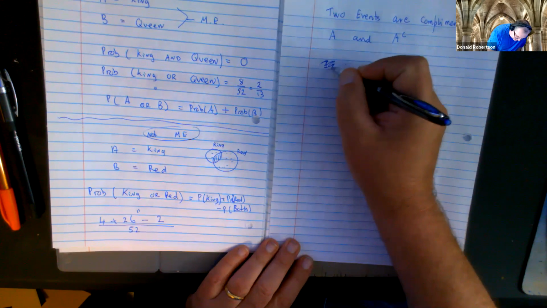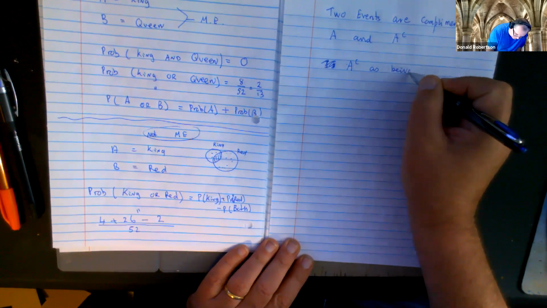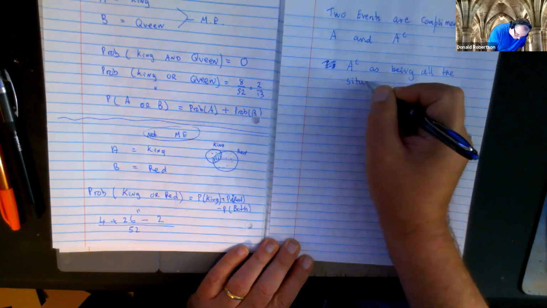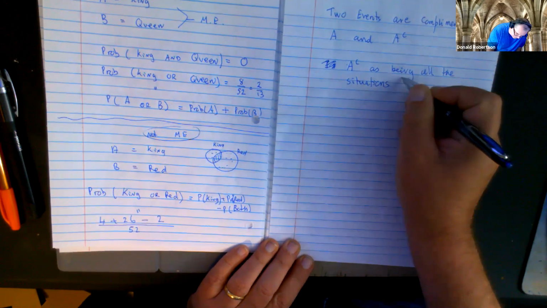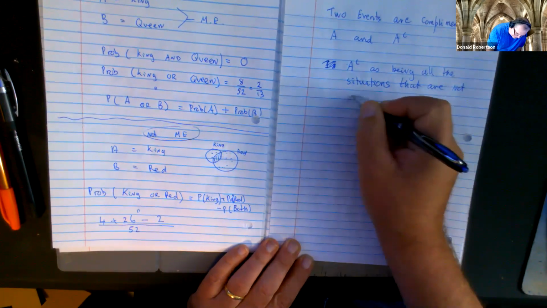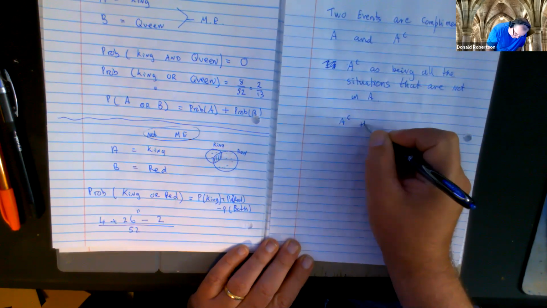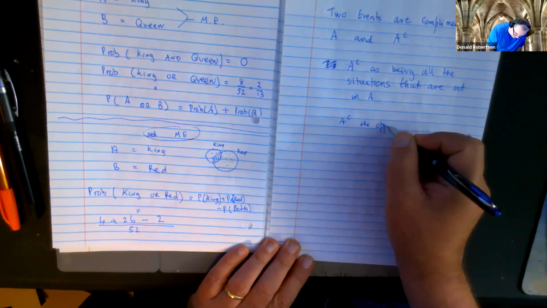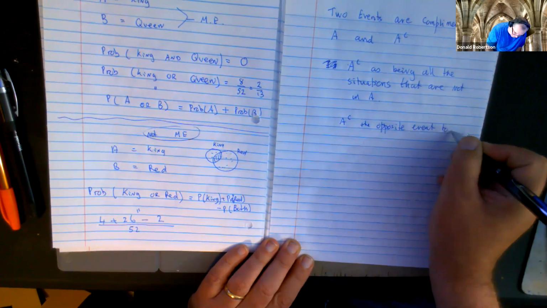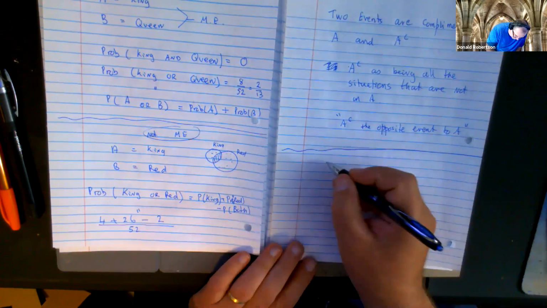And we'll describe AC as being all the situations that are not in A. You could also think of AC as being the opposite of A. It's a nice shorter way of looking at it. So, to give you an example of complementary events.